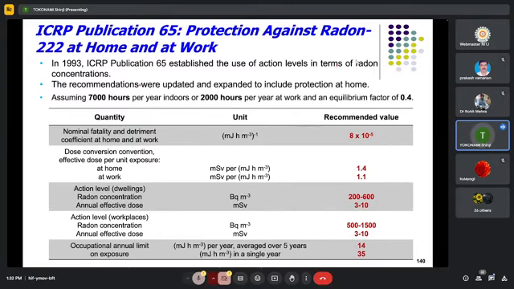The recommendations were updated and expanded to include protection at home. Assuming 7,000 hours per year indoors or 2,000 hours per year at work and an equilibrium factor of 0.4.